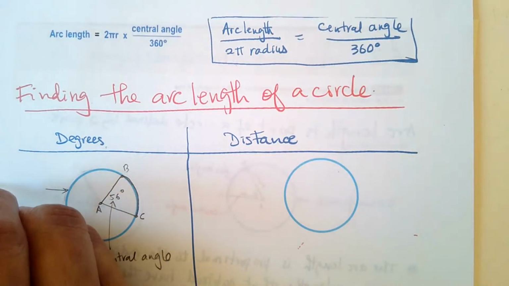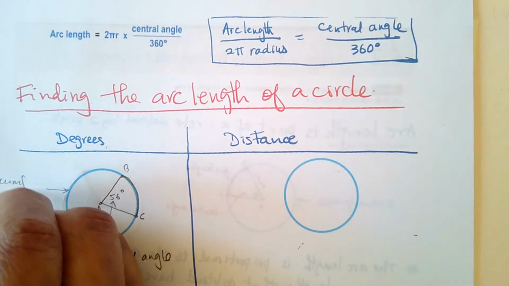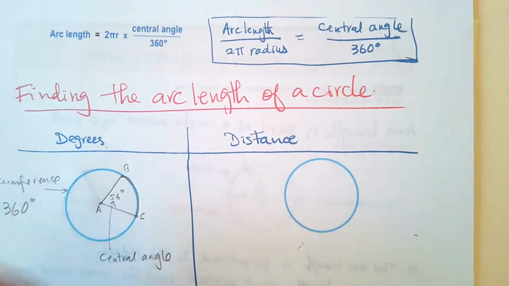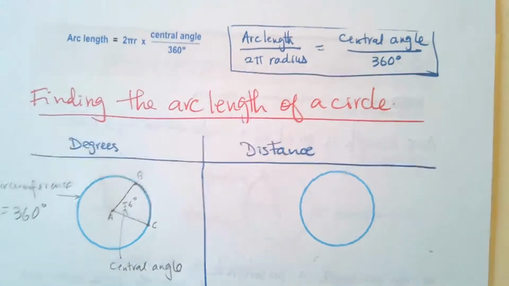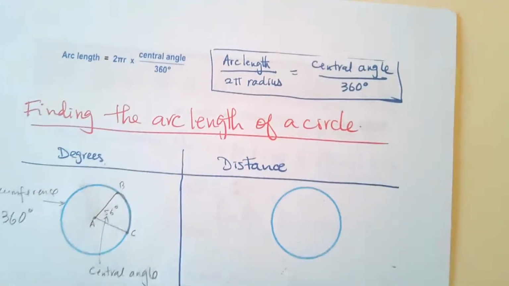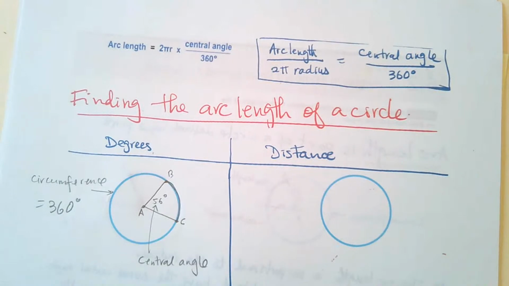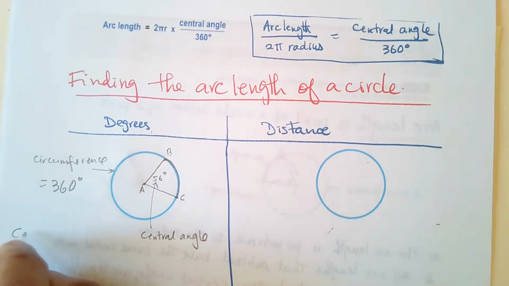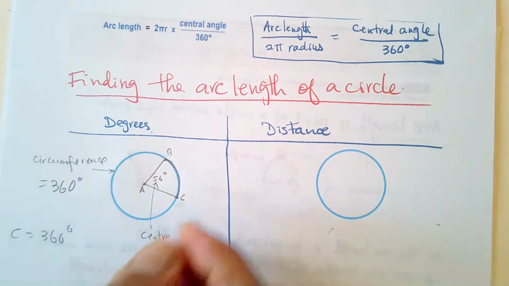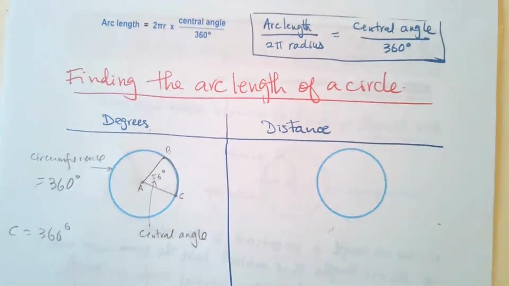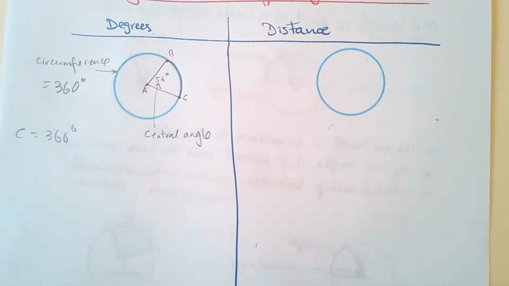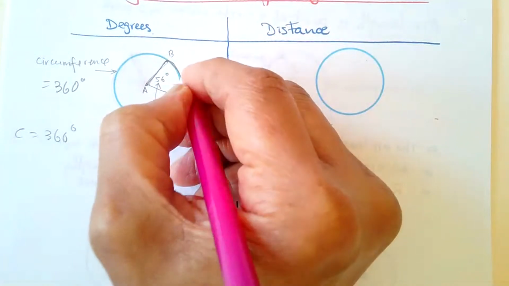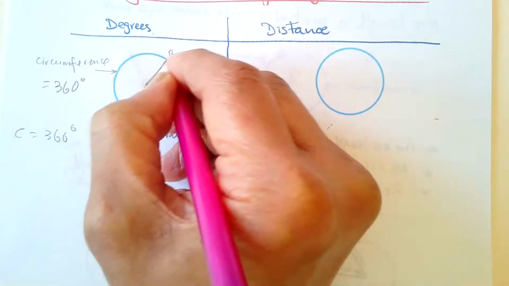The circumference is equal to 360 degrees. We know that, it's circular. The distance around a circle, the circumference, is equal to 360. So if this is 56, then also this would be 56.